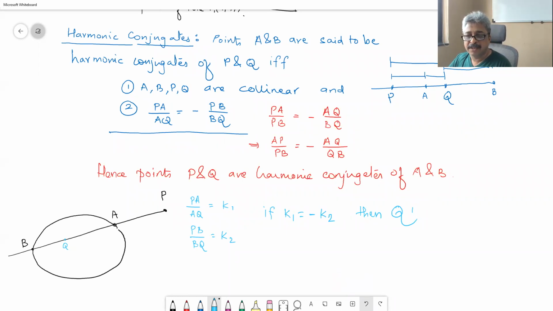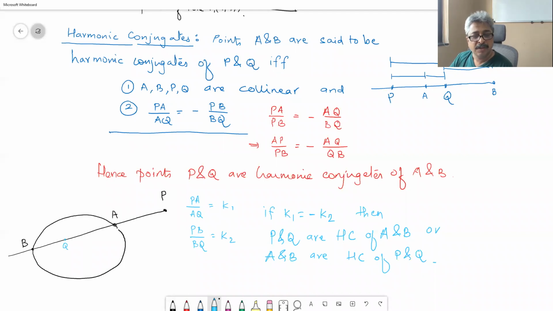Then P and Q are harmonic conjugates of A and B, or A and B are harmonic conjugates of P and Q by this above discussion.